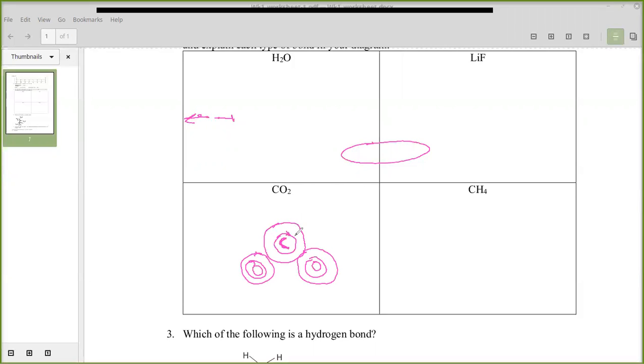You put an initial pair in each one of them. You put an initial shell for 2 electrons for each inner shell. And then, okay, now that you have these, what do I do?